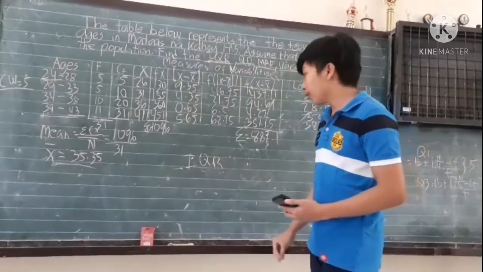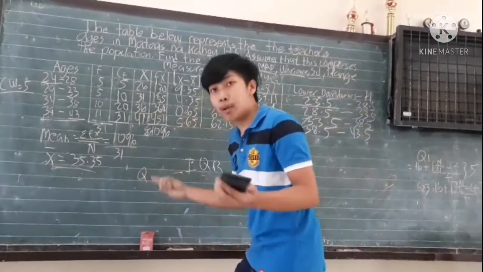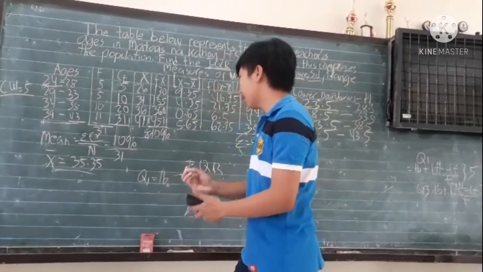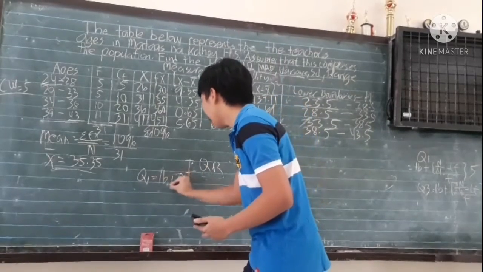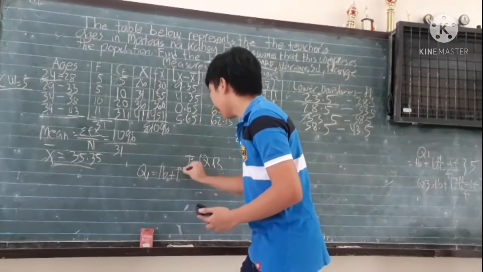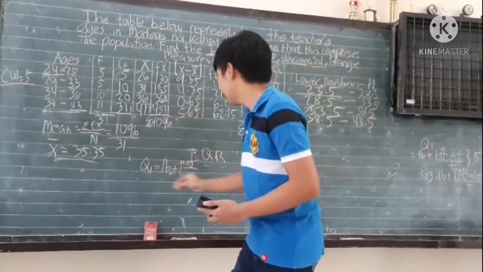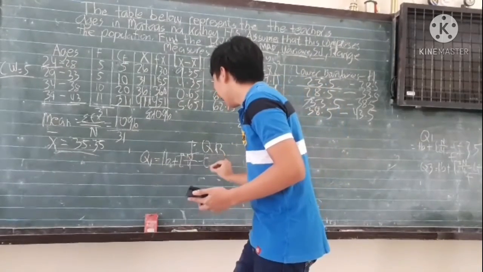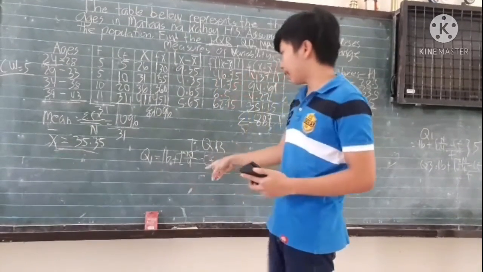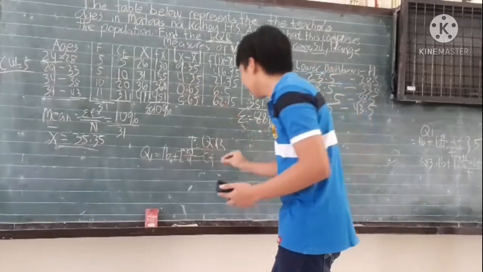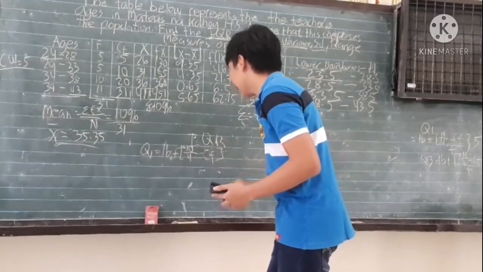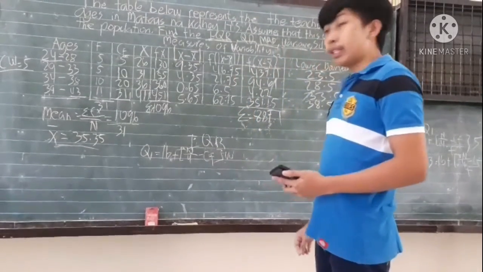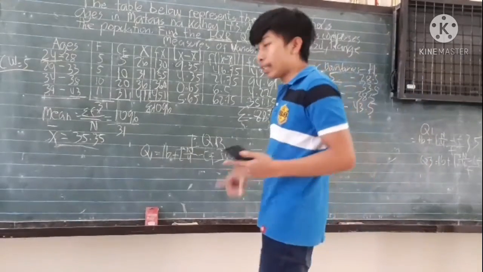So first, we need to compute the Q1 or the quartile 1 with the formula of the lower boundary of the quartile class plus n, or the observation here, over 4 minus the cumulative frequency before, or the lesser cumulative frequency before the cumulative frequency of the quartile class times the width. So first, we need to find where is the quartile 1 class.